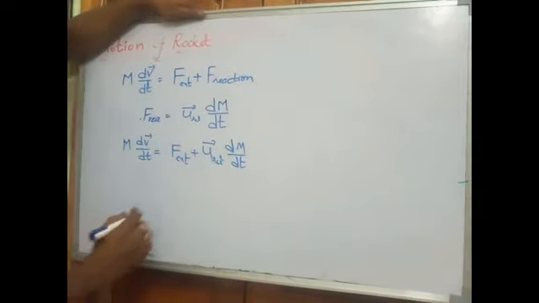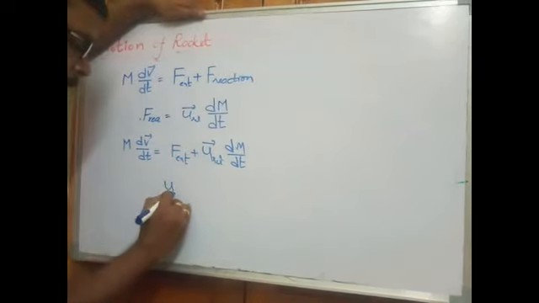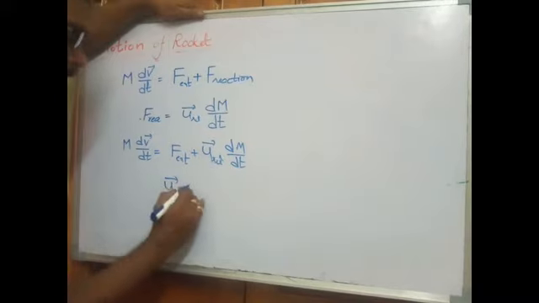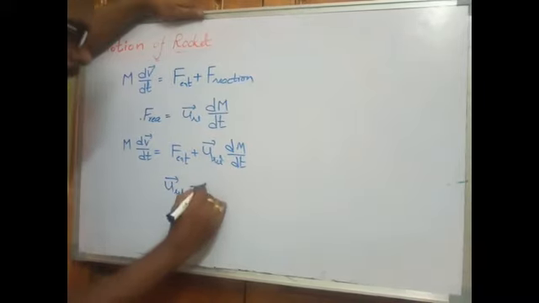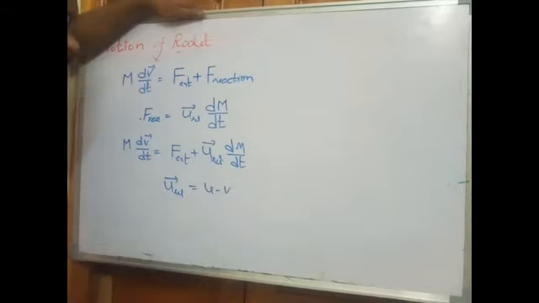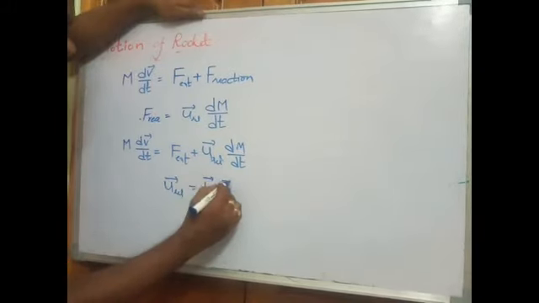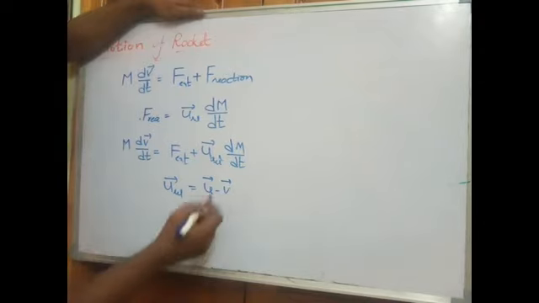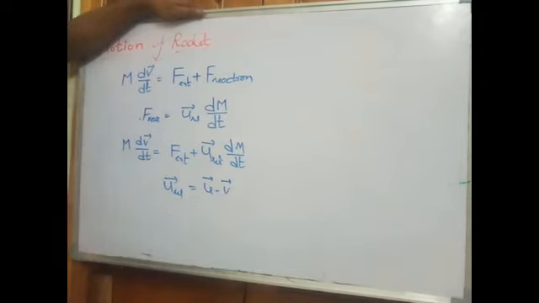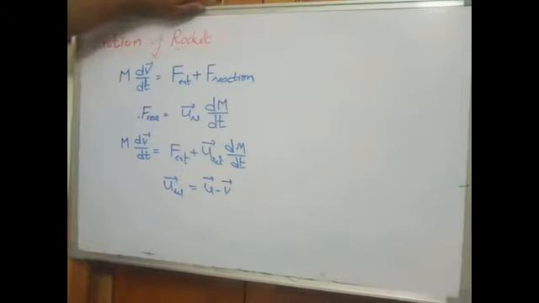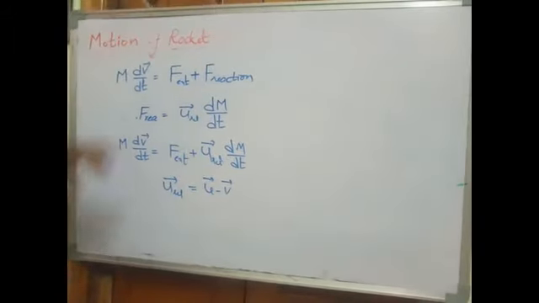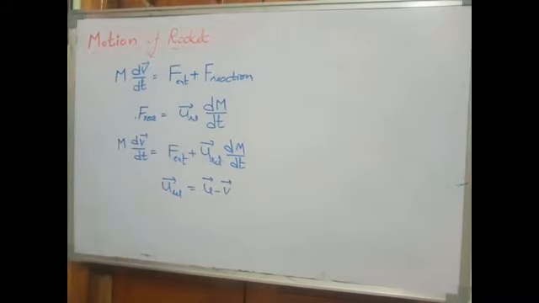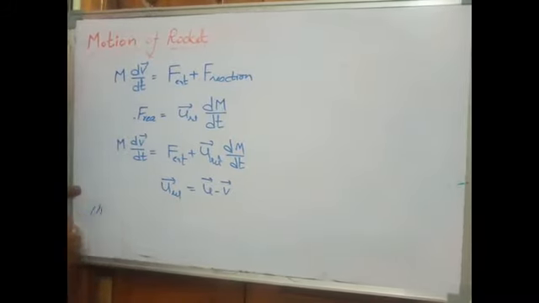How can we write the relative velocity? Here u relative equals u minus v, where u is the velocity of gases and v is the velocity of the rocket. Now let us assume that there is no external force acting on the rocket.